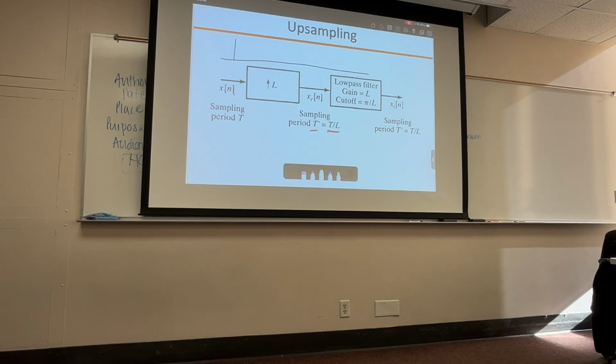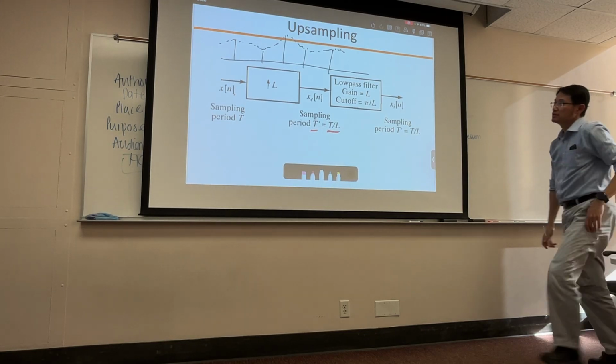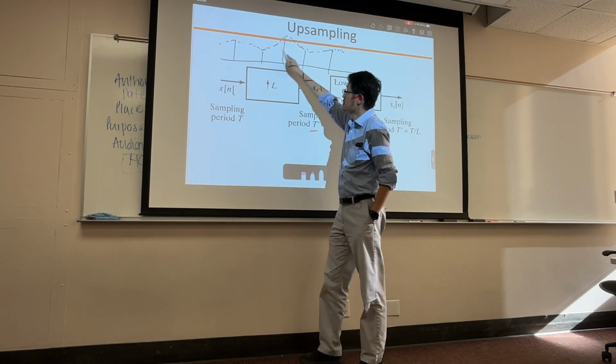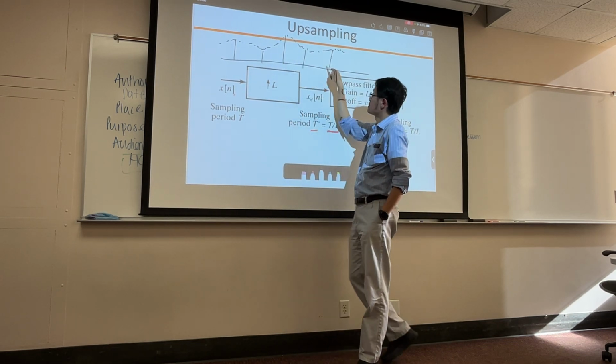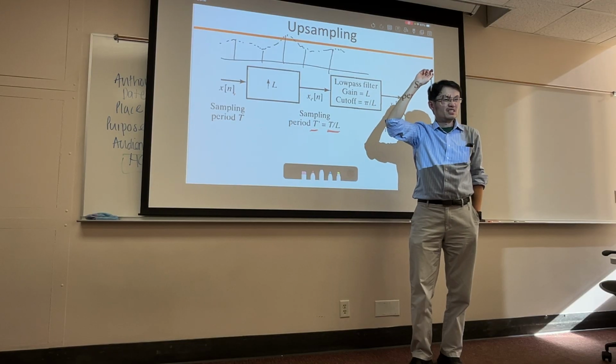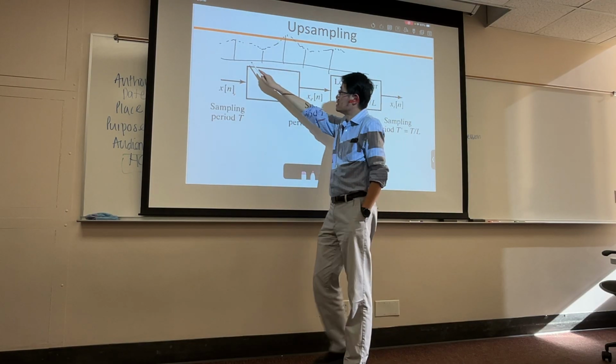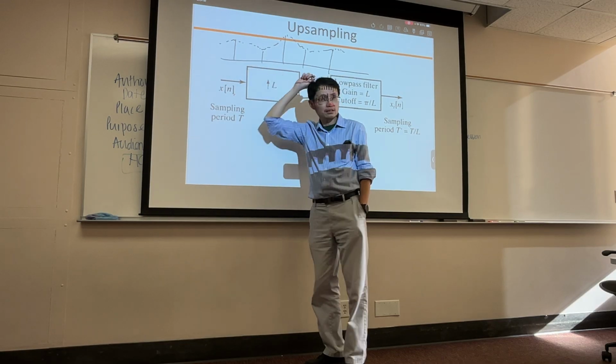But to begin with, let's try to understand what this upsampling is doing. You have a discrete-time signal, or digital samples. The dashed line is the original analog signal that you were trying to sample, and the ADC creates all those samples. I want to do the opposite and create something in between.